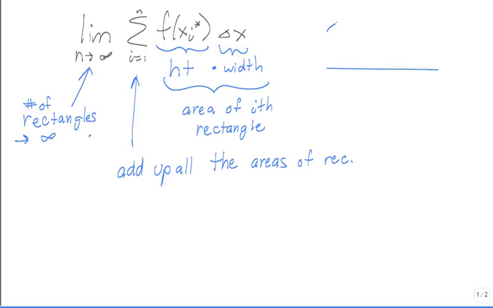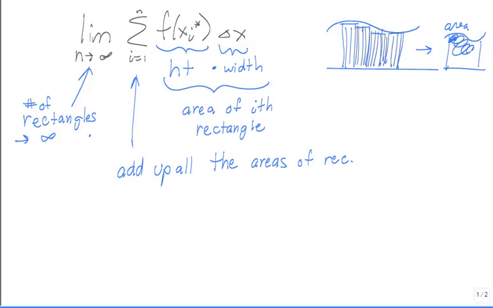So what we're doing is, we have these rectangles here, and we're letting their number go to infinity. That's going to color in the area under the curve. That's going to give us everything, if the function's positive.